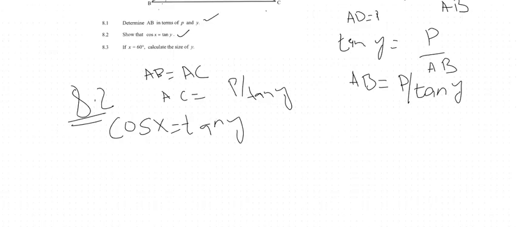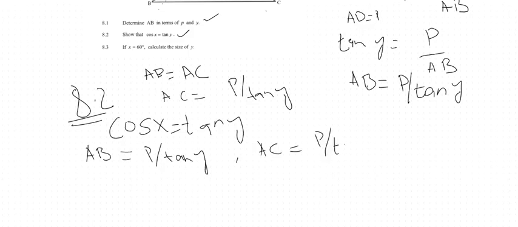Variable y is linked to AB through the tangent ratio, and variable x is the base angle of triangle ABC. We have the three sides of triangle ABC: AB equals P by tan y, AC equals P by tan y, and BC equals 2P.